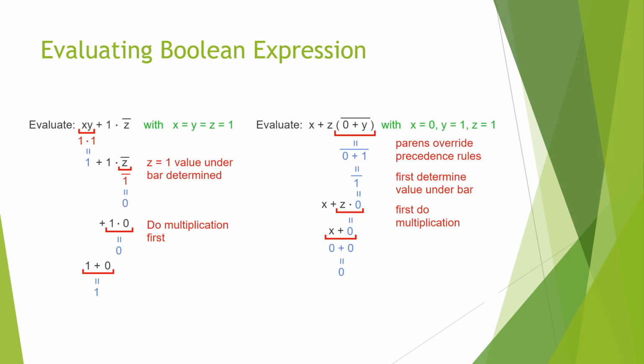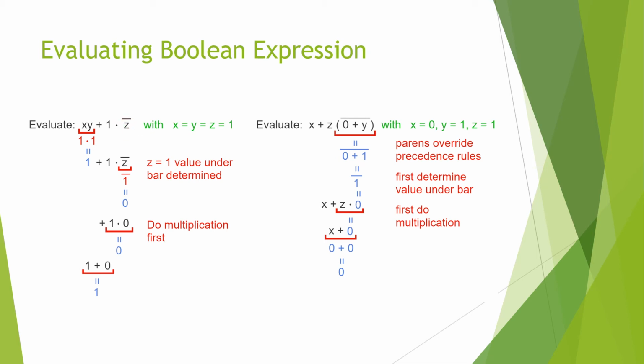So here is a Boolean expression like x times y plus 1 times z bar. Here we have a multiplication operation between x and y. Here we have an addition, and here we have another Boolean multiplication, and z bar is the complement of z.